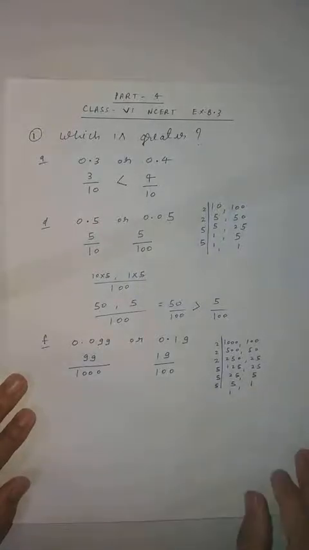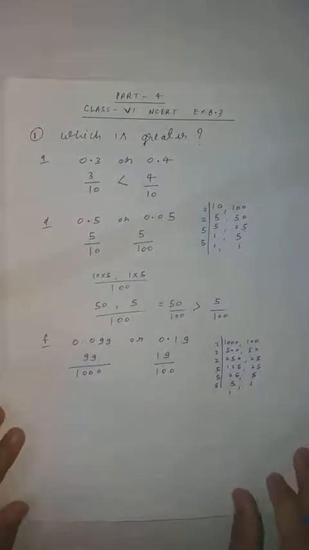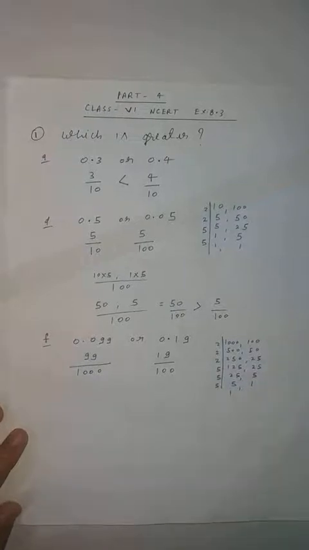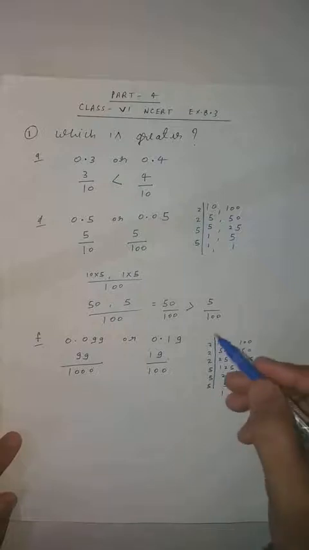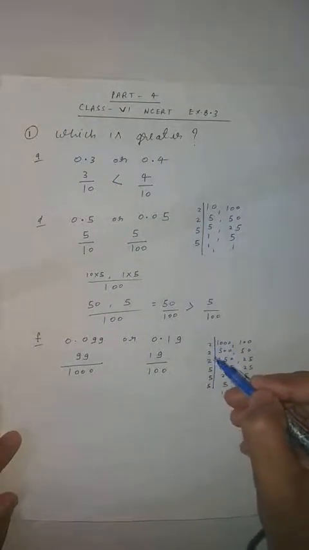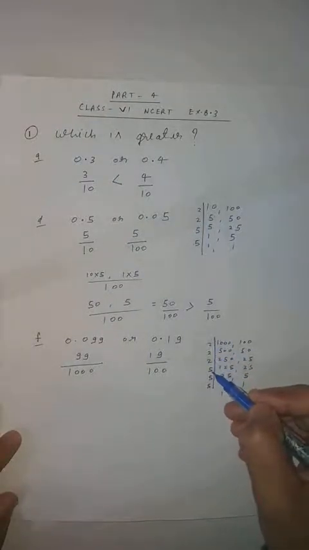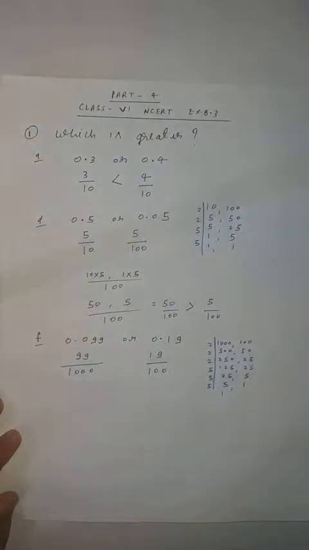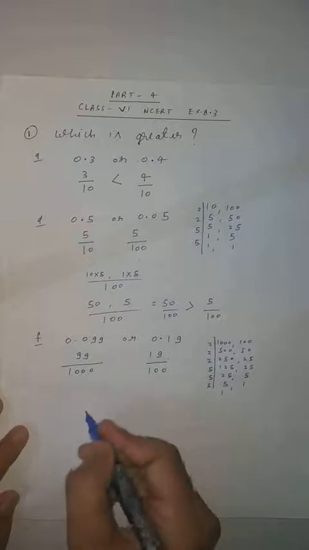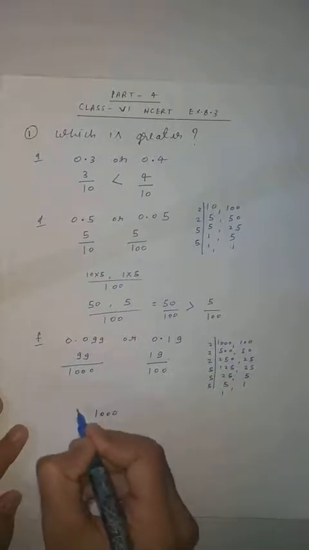So now what is the LCM? You have to see the LCM. Here you can see 2 2 are 4, 2 are 8, 5 are 40, 5 are 200, 5 are 1000. When you multiply, it will come 1000. Clear student?